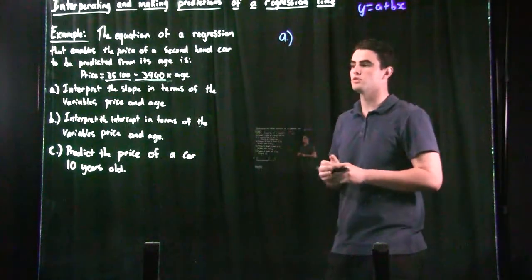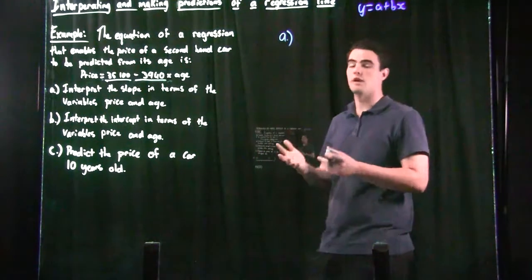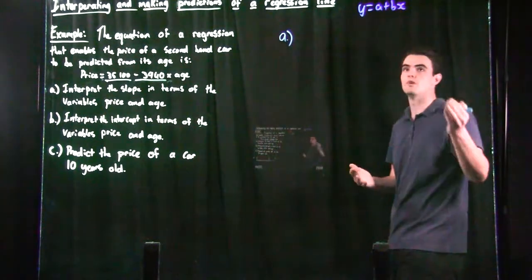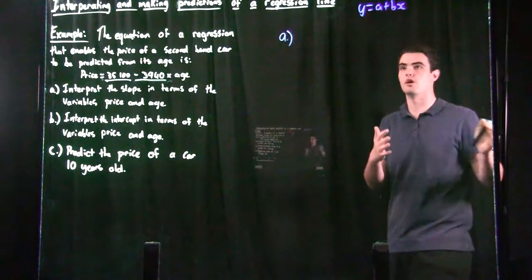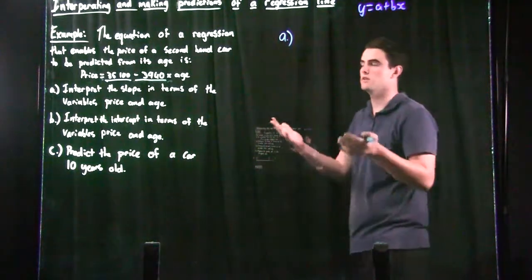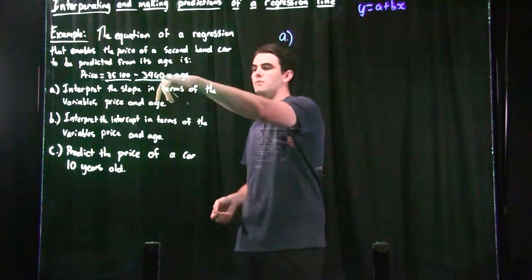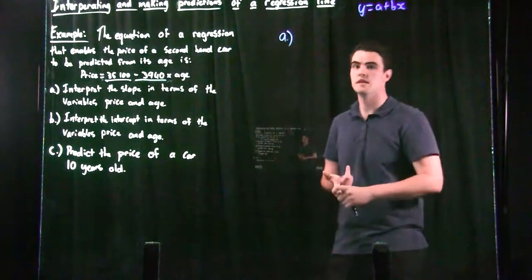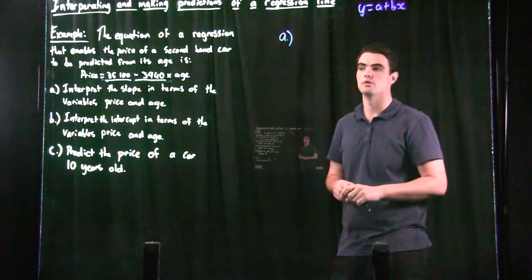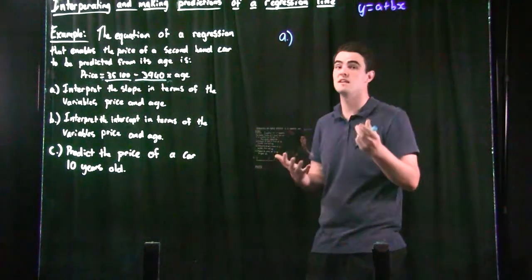Now we're going to interpret the slope in terms of the variables, price and age. So we want to say what is happening with the car over time, and as it goes, is it increasing, is it decreasing, what is happening? My B value in this question is negative 3,940. So I'm going to have that in my answer somewhere.